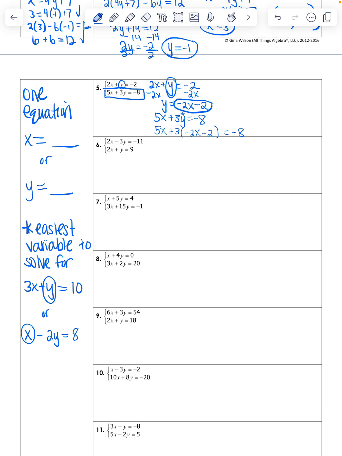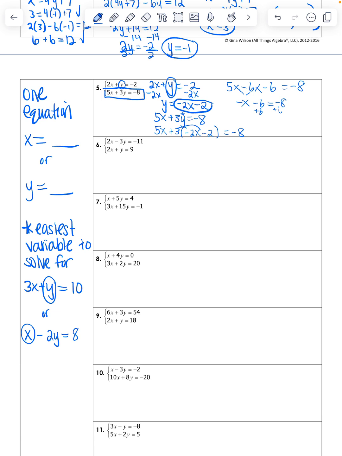Now it's just like a solving game. We're going to distribute. 5x, 3 times -2x is -6x, 3 times -2 is -6. So here's what we have. Combine like terms.